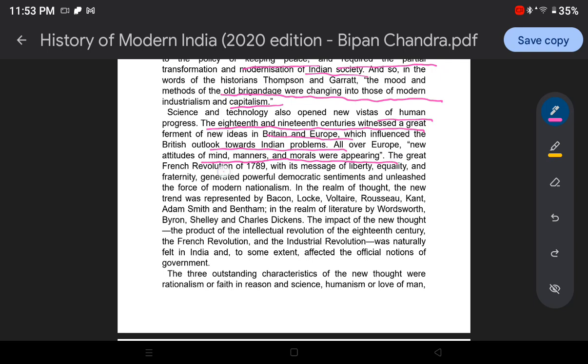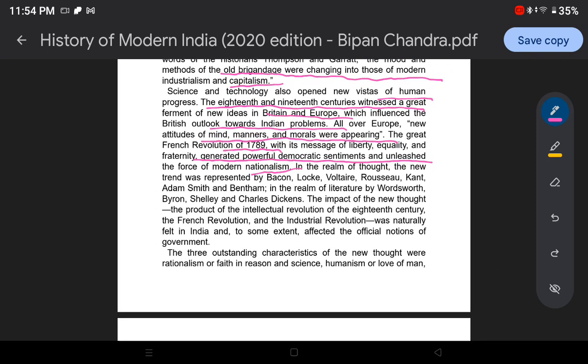The Great French Revolution in 1789, with its message of liberty, equality, and fraternity, generated powerful democratic sentiments and unleashed the force of modern nationalism. In the realm of thought, there were new thinkers like Adam Smith and Bentham. In the realm of literature, there were Wordsworth, Byron, Shelley, and Charles Dickens.